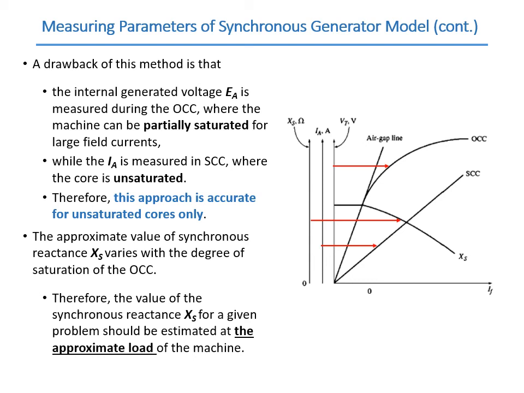Therefore, this approach to determine the value of the synchronous reactance, or XS, is accurate only for the unsaturated region. So it is within this area here, if you look at the graph, only accurate in this region here.